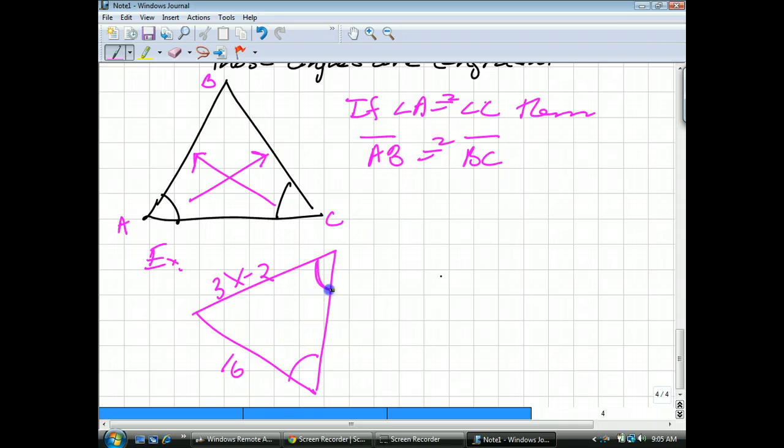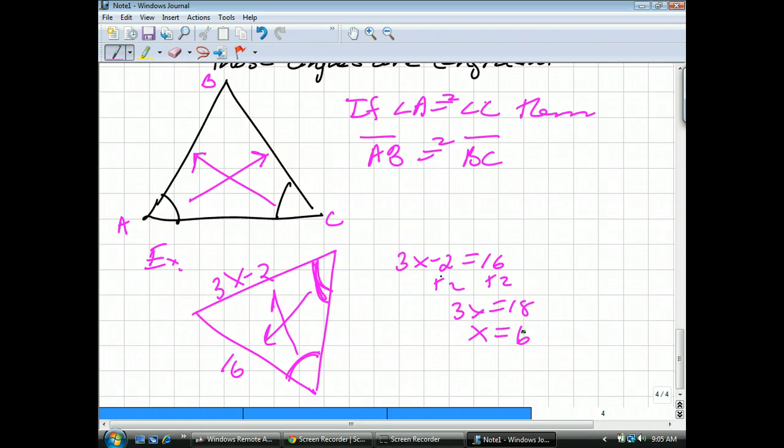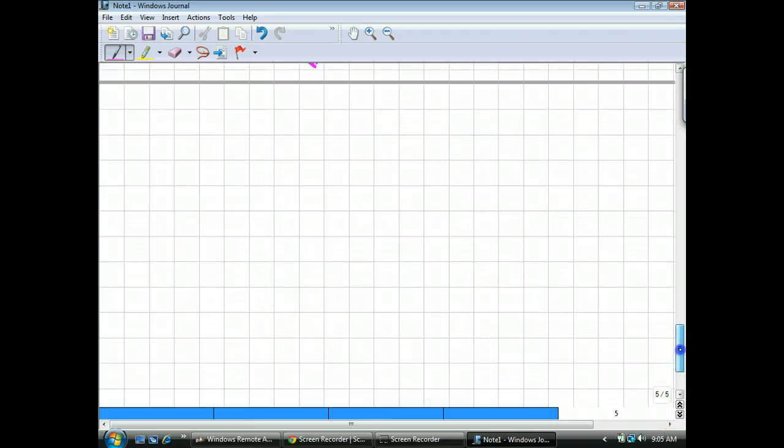Well, by the converse of the isosceles triangle theorem, these base angles are congruent, so sides opposite have to be congruent. So then 3x minus 2 has to equal 16. So add 2 to both sides. 3x has to equal 18. Divide by 3, x equals 6. So we get a value of 6 for x. Okay? Then example 2.